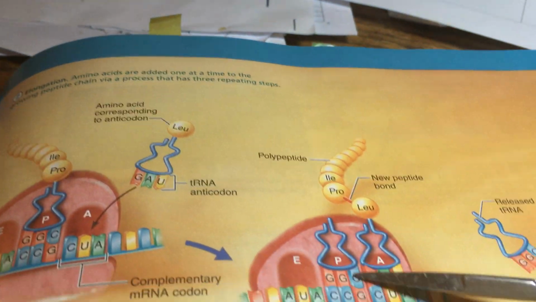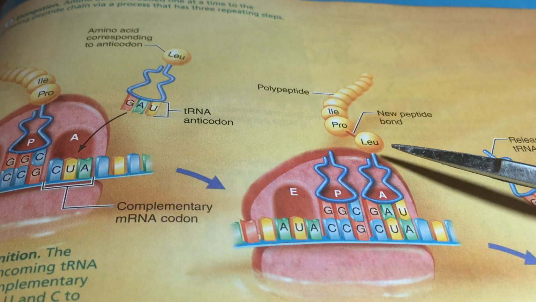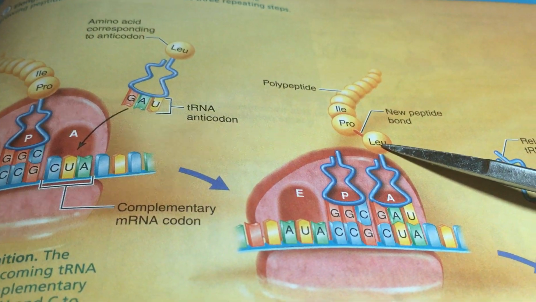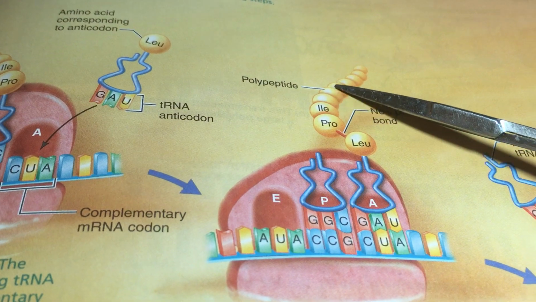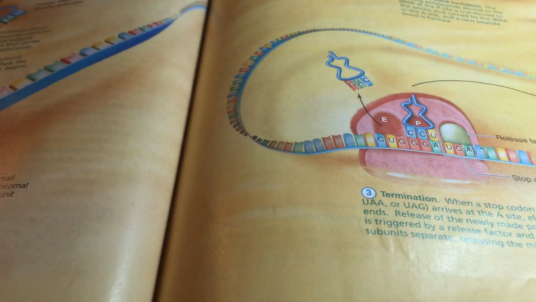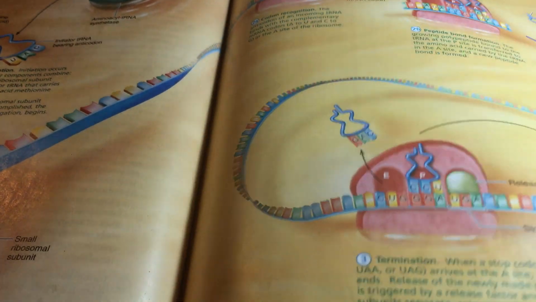The second tRNA over here is lining up and delivering its amino acid to the ever-growing sequence, and we have a sequence of amino acids growing off there. So that's what you need to know, is that we're producing sequences.